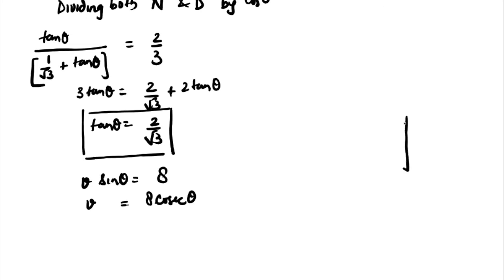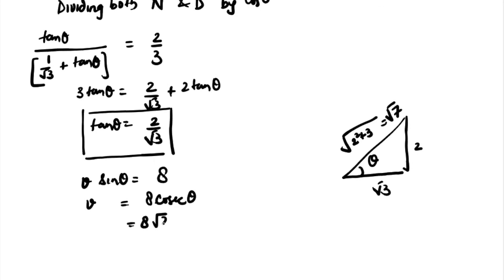If tan theta is 2 over root 3, assuming it to be an acute angle, now this value will be square root of 2 squared plus 3, which is equal to square root of 7. So we can get cosec theta would be root 7 over 2, or 8 into root 7 over 2, or 4 root 7 kilometer per hour.